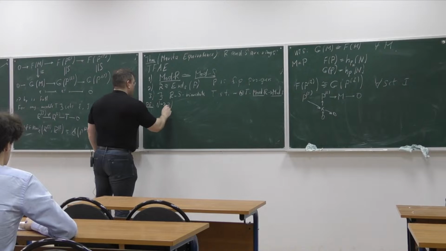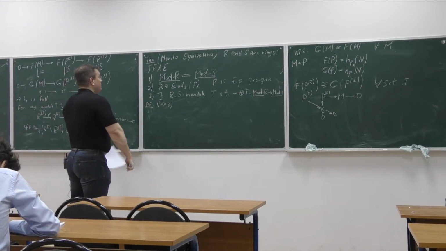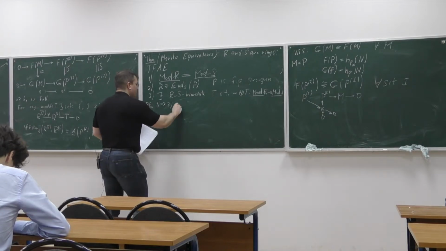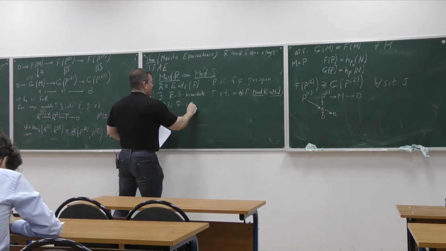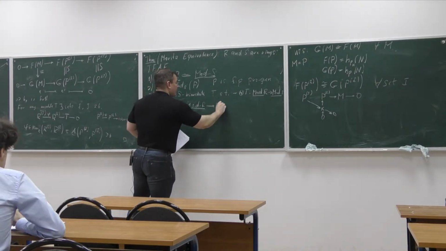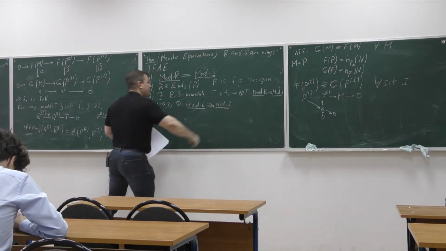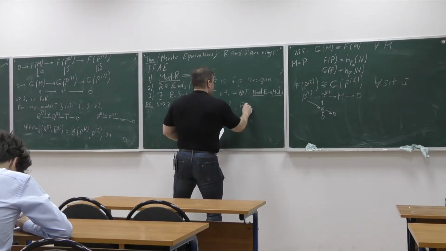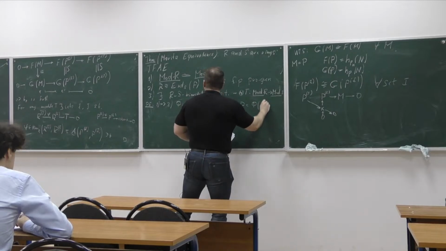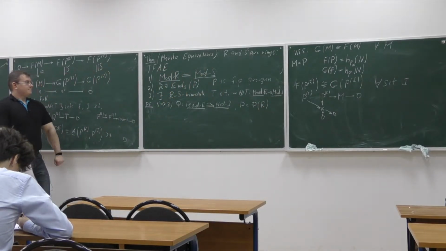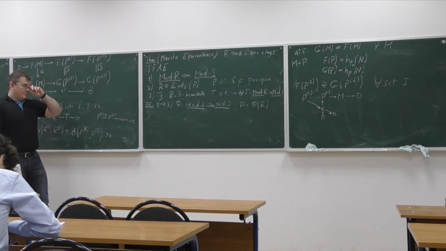So let's show that 1 implies 2. Well, we have some equivalence of categories. So let's call this equivalence phi. So this is an equivalence of categories. Then just take P to be phi applied to R. Right?